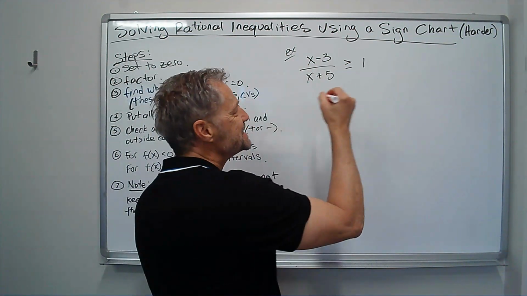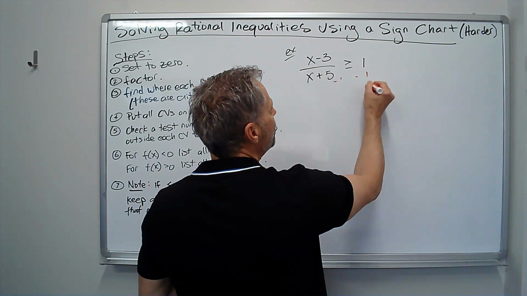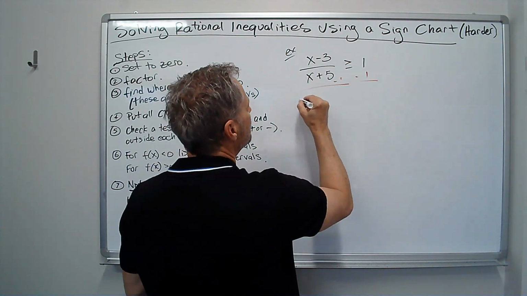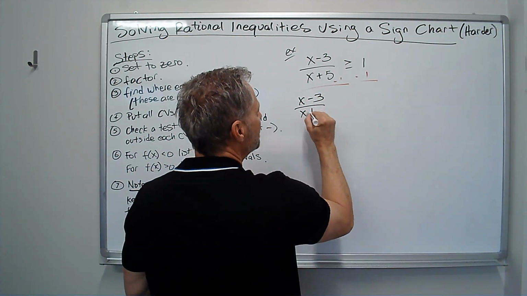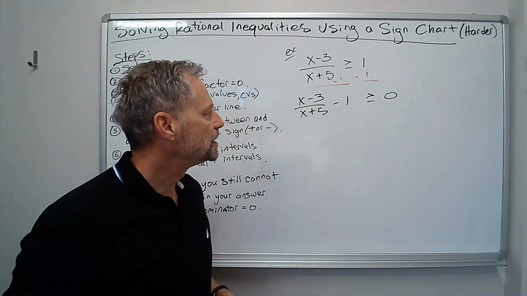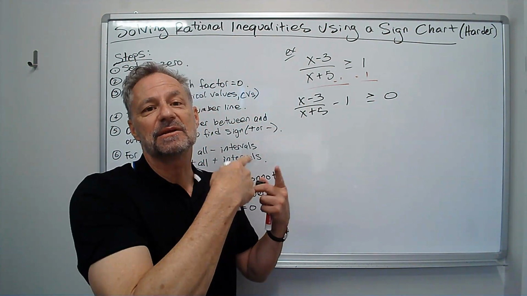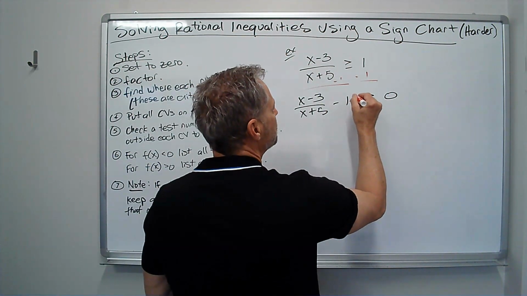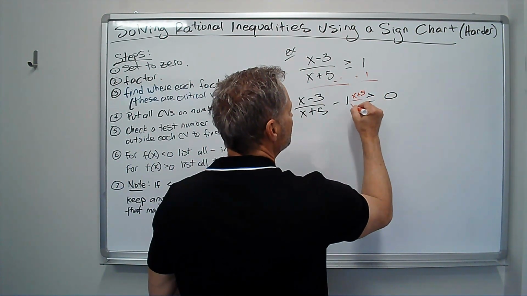So I need to get this set equal to 0, so I'm going to subtract 1 from both sides. It's going to look like this. Kind of ugly. It's (x minus 3) over (x plus 5) minus 1 is greater than or equal to 0. Now I need to get that to be a single fraction, so I'm going to get a common denominator. I'm going to multiply 1 by (x plus 5) over (x plus 5).